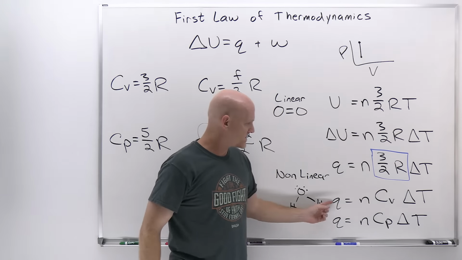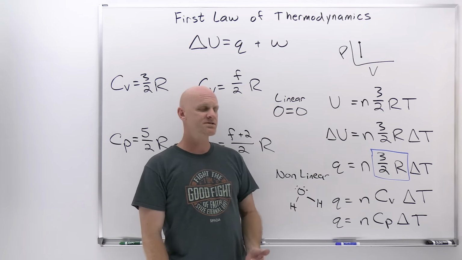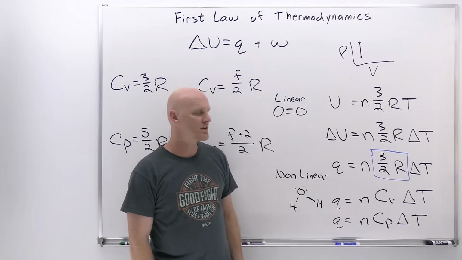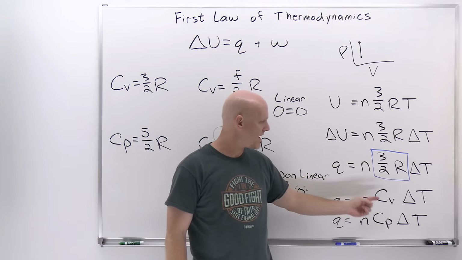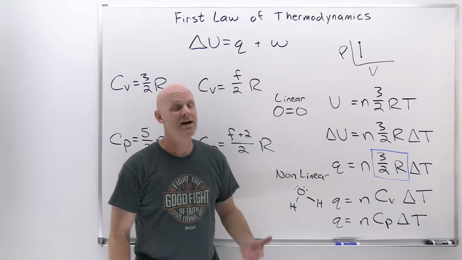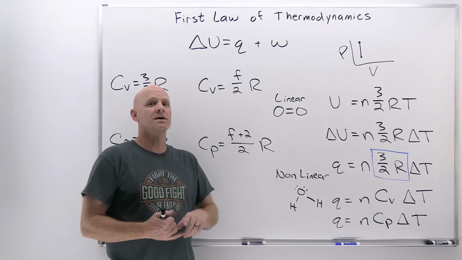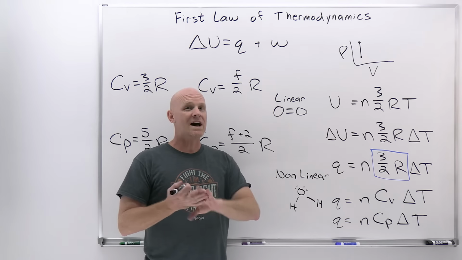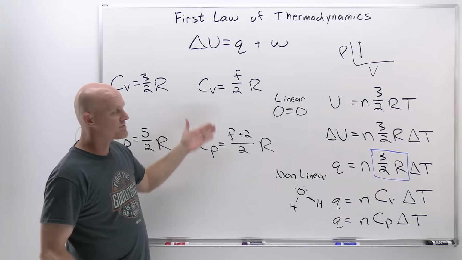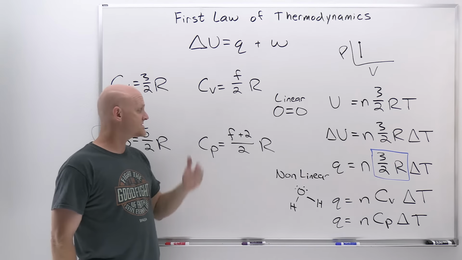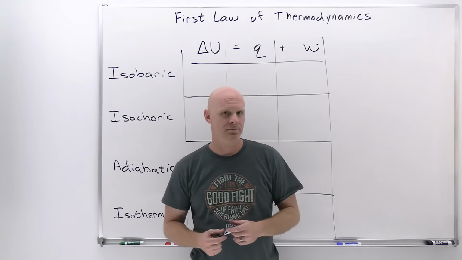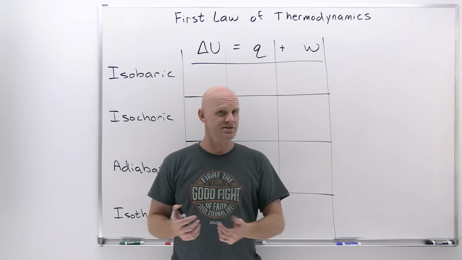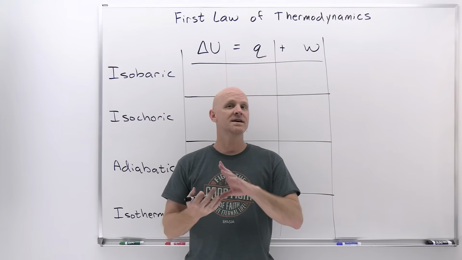Regardless of which situation you've got, constant volume or constant pressure, you now have a way to calculate Q with an appropriate heat capacity, whether it be the constant volume heat capacity or the constant pressure heat capacity. And for an ideal gas, whether monatomic, linear, or nonlinear, you now have a formula for how to figure out what that value of CV or CP is going to be as well. So now we're going to set ourselves up to be able to do calculations under a variety of conditions of internal energy, heat, and work.